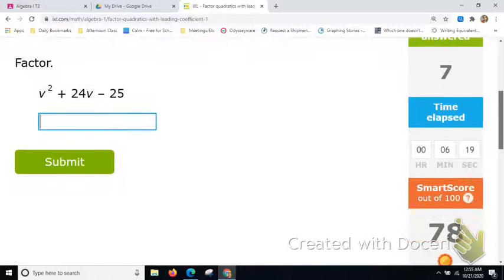It's really liking the number and 1. So again, same kind of thing, v plus 25 and v minus 1 this time. So this time the 1 is the negative 1, the 25 is positive, so that we get that plus 24.